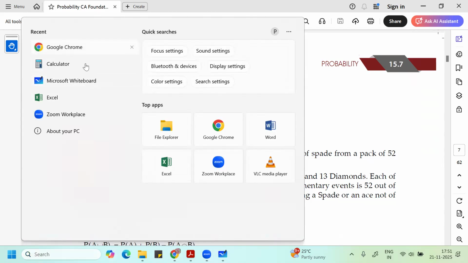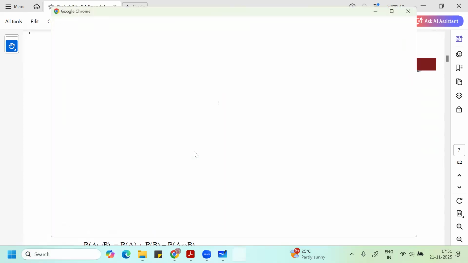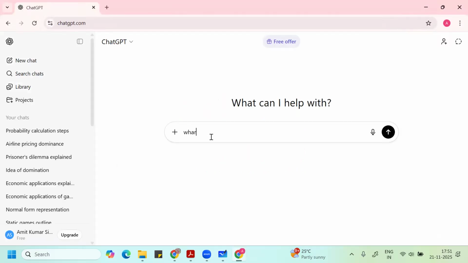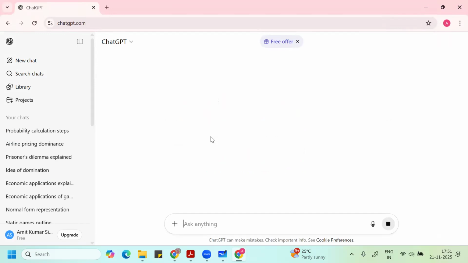Let me just open ChatGPT to tell about the arrangement. What are the four suits in a pack of 52 playing cards?